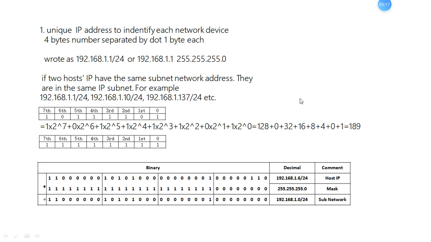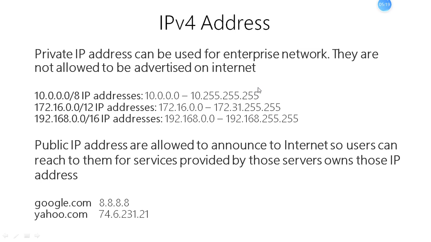Okay, and then on the next page, we are talking about the IPv4 address. We have private IPv4 addresses and public IPv4 addresses. Okay, these three ranges, right, are the private IPv4 addresses. What does private mean? Private means you cannot announce those IPs, these three big ranges, on the internet, right?